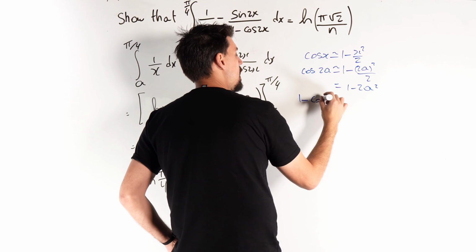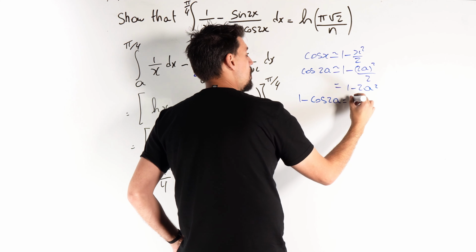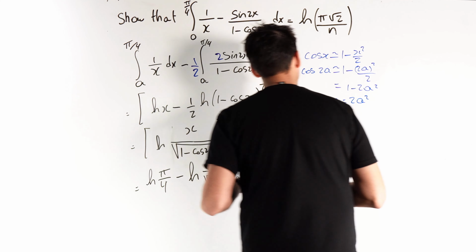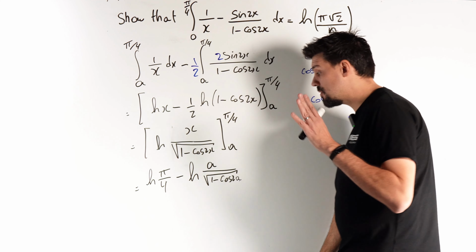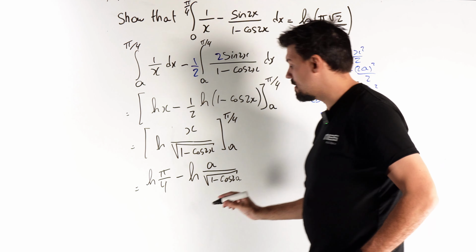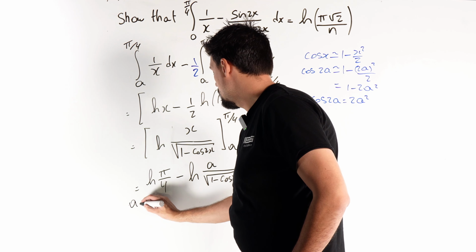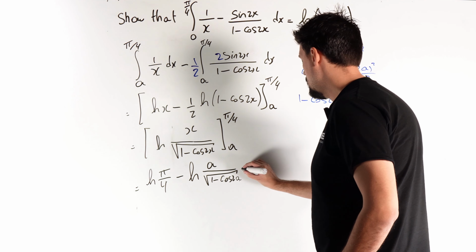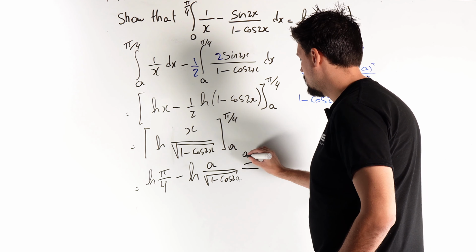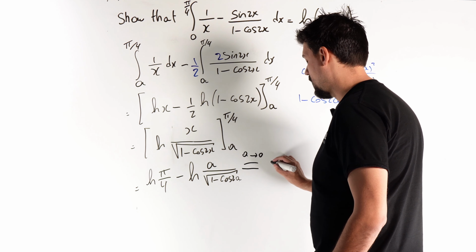So 1 minus cos 2a is just 2a squared, if a is small, and in our case it is. So as we take a going to 0, what does this become?